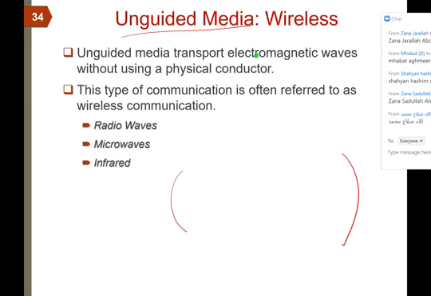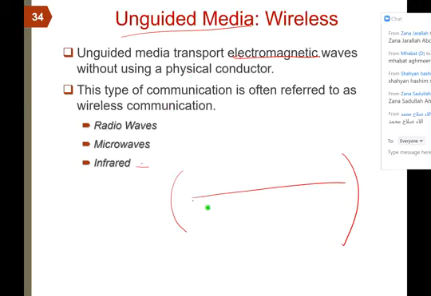So mainly we have electromagnetic waves. These waves can be infrared or wireless signals. Normally we'll have radio waves or microwaves or infrared light, or sometimes we use lasers. Lasers mostly in the infrared range, so you can send the signal. In this case, why do we call it unguided?